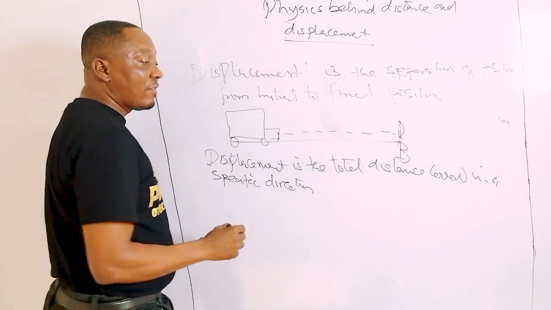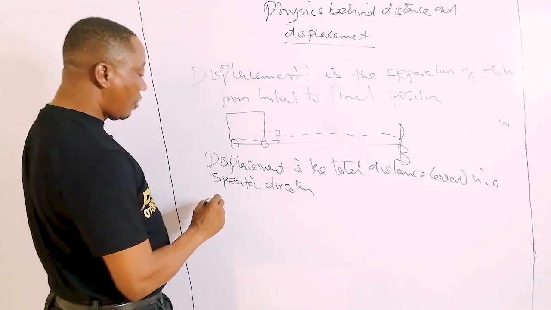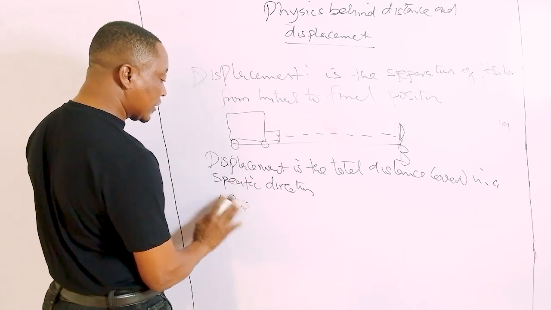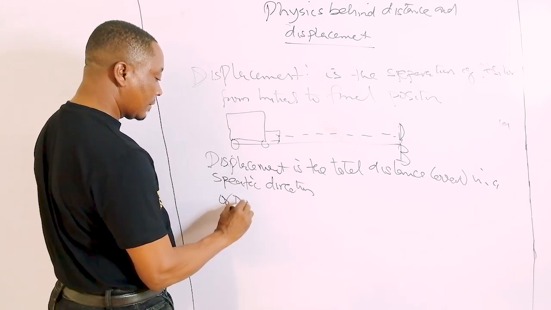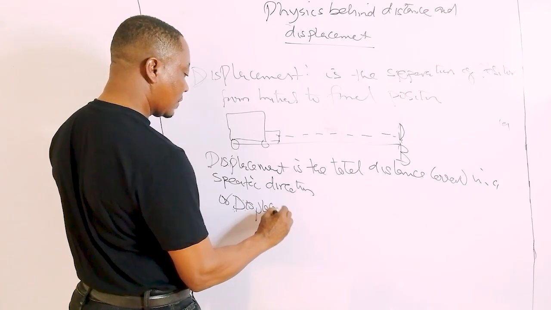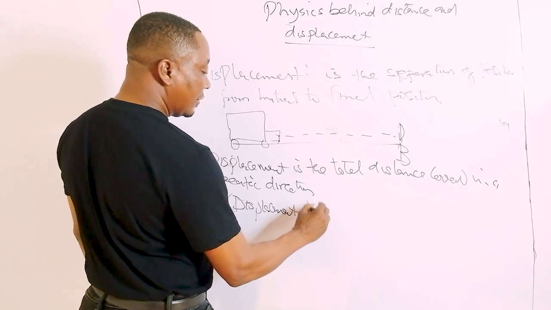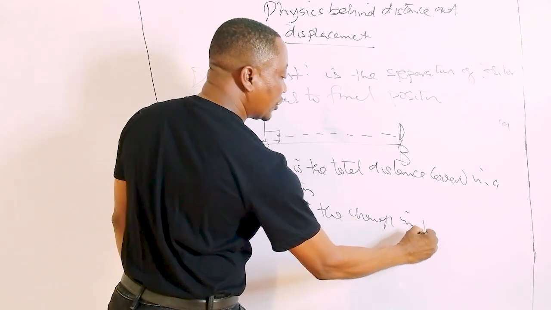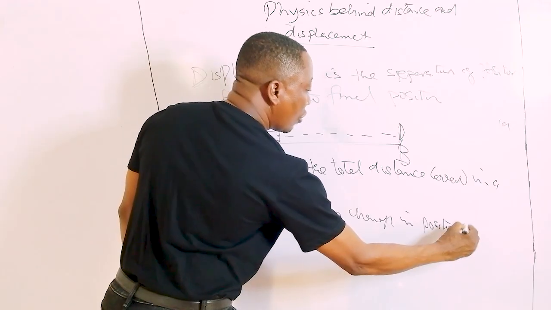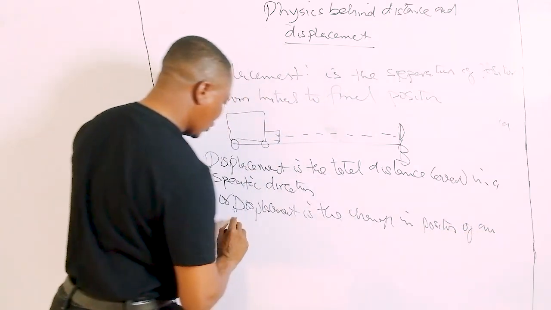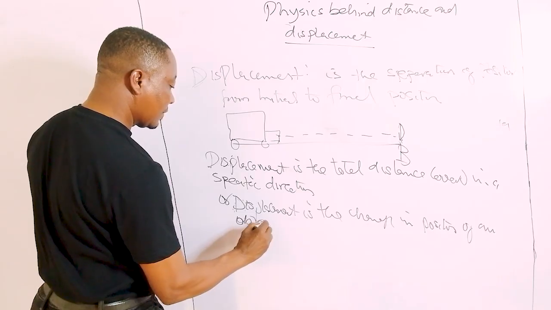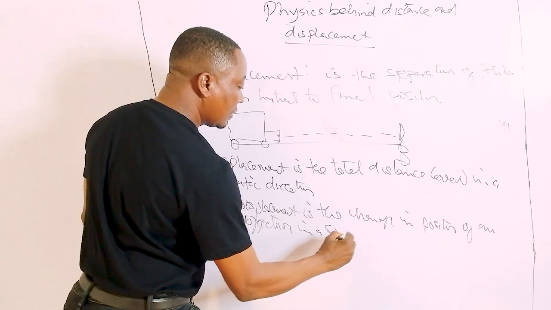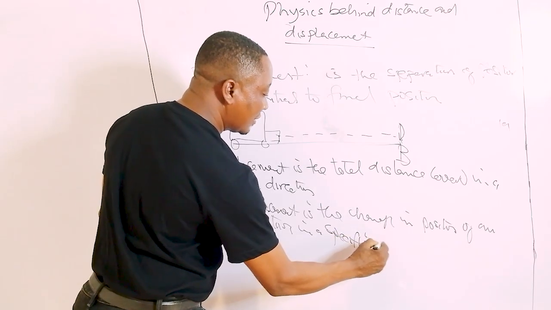The total distance covered in a specific direction, or displacement is the change in position of an object in a specific direction.